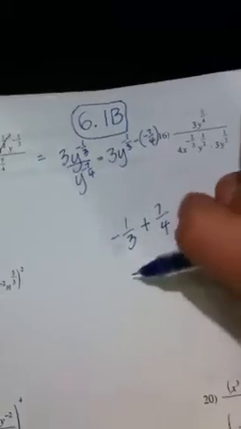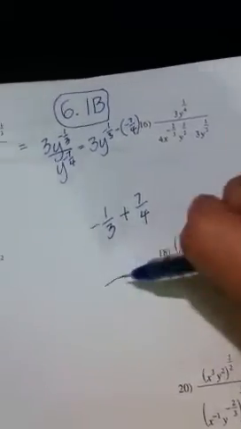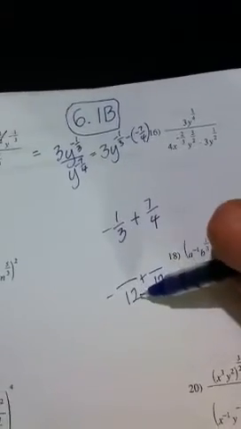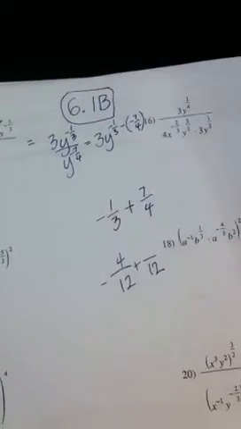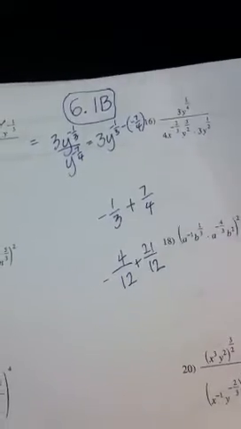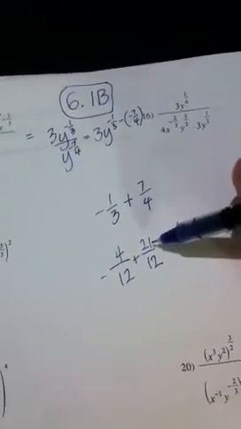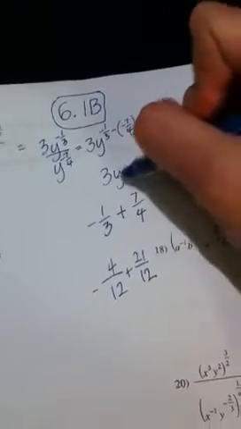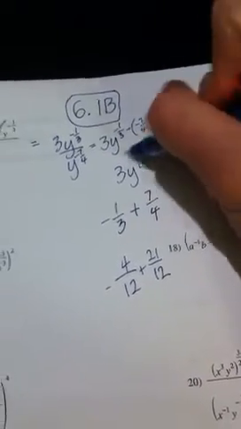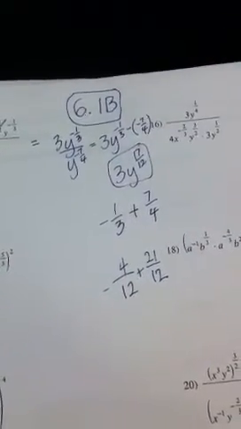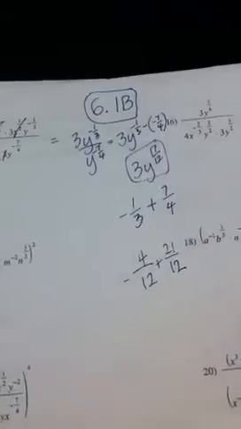I need a common denominator, so that's going to be a 12. 3 times 4 gives me 12, so that's 4/12. 4 times 3 is 12, so 7 times 3 is 21. So I have negative 4 plus 21, which is 17. So I have 3y to the 17/12. That is ugly, but that's your answer: 3y to the 17/12. Alright, moving along.